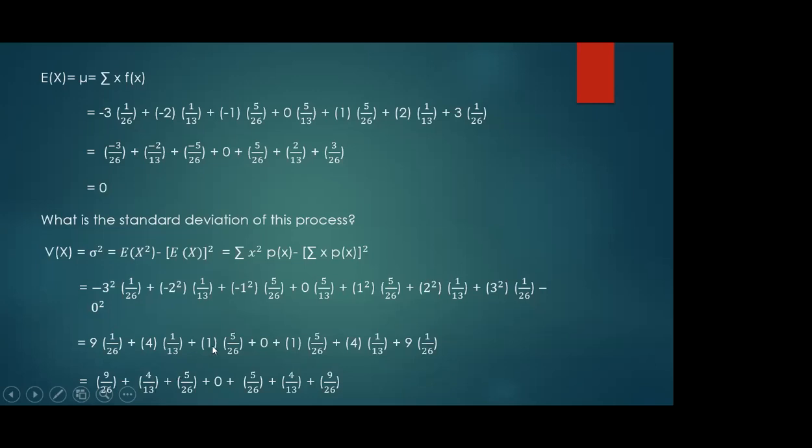Negative 1 squared is 1. 1 times anything is itself, so we get 5 divided by 26. 0 times anything is 0. 1 squared is 1, so we get 1 times 5 divided by 26, which is just 5 divided by 26, plus 2 squared, 4. 4 times 1 divided by 13 is just 4 divided by 13. 3 squared is 9. 9 times 1 divided by 26 is 9 divided by 26. So we're going to add all the values.